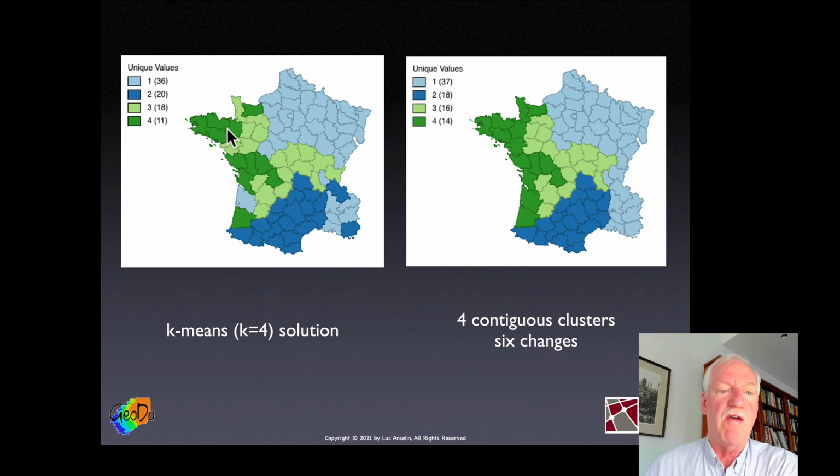So then we have one big green connected cluster. With the dark blue cluster, we just switch these to light blue and then connect this way, and again we're in business. And then with the light green ones, we just switch this one around, and then we have 4 contiguous clusters. Now, what is the problem with this?